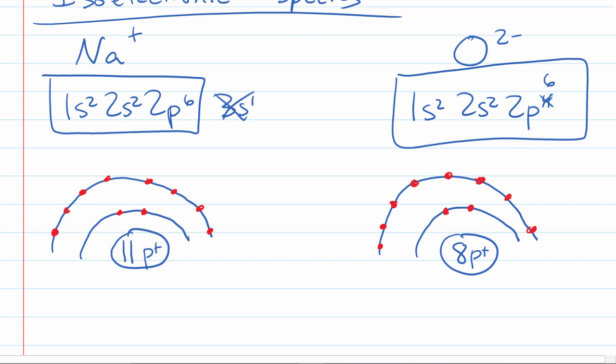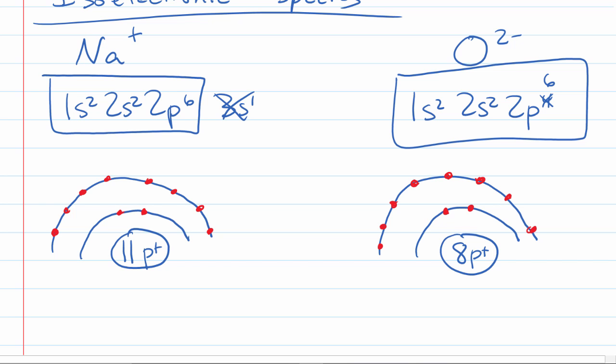So now we start looking at the effective nuclear charge. The effective nuclear charge here on the sodium is going to be how many? 8. I hear 8. Is that right? That's right. Well, let's see. 9.